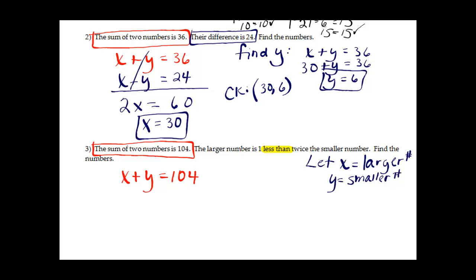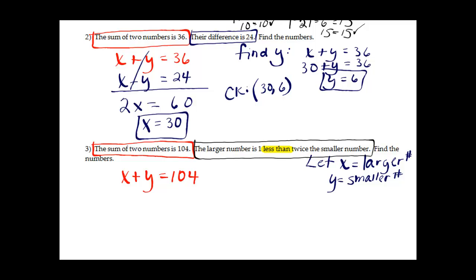And I am just going to write that sentence, but look at what I have highlighted. I have the less than highlighted. And the reason why I have that highlighted is because we have to switch order when we see those words less than. So according to my let statement, I have the larger number being x, and it's 1 less than twice the smaller.